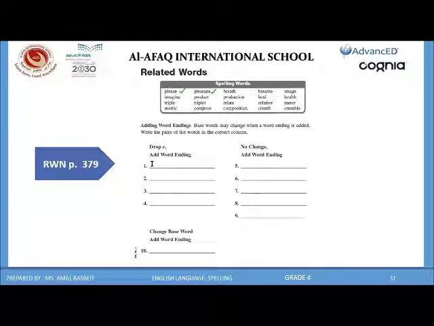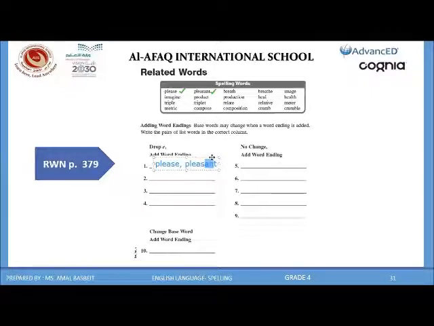Here I will write please, pleasant. Look at here, this is E, and here I didn't write the E. I just add the ending. Here I didn't type the E again because I have to omit, I have to delete it. So I just added the ending directly.